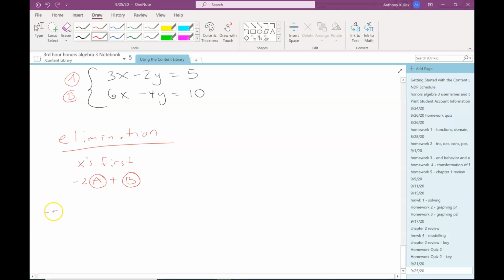Okay, so when I take -2 and I multiply it by A, -2 times 3x is -6x. -2 times -2y is positive 4y. And -2 times 5 is positive 5. B, we didn't do anything to.